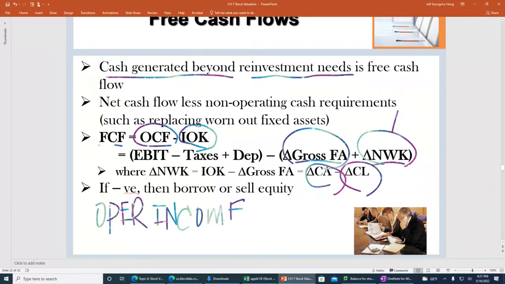Isn't it something similar? No, it's not exactly the same thing. Operating income is EBIT. Another name for operating income is EBIT, isn't it?